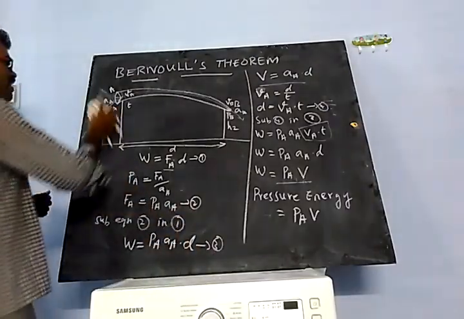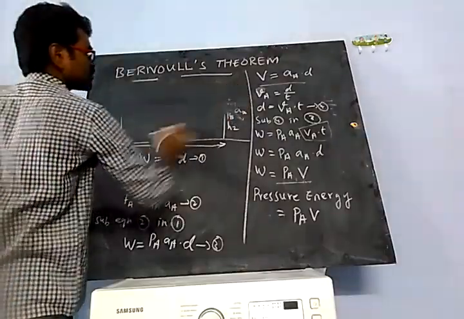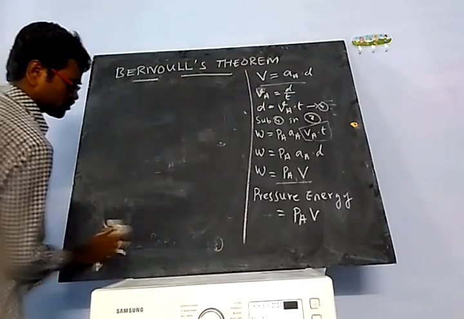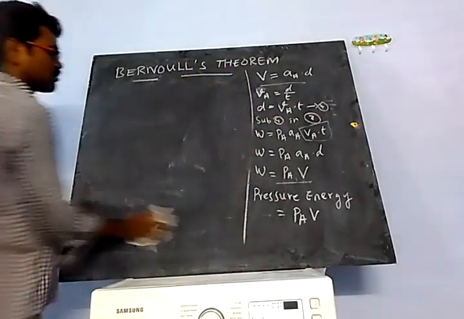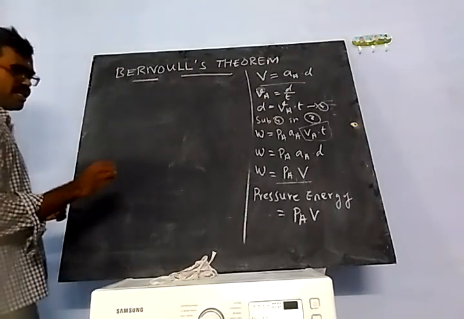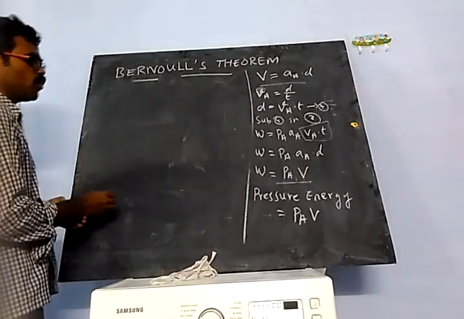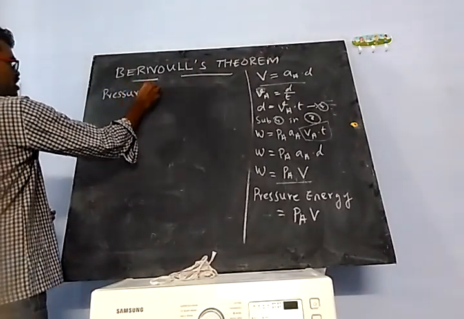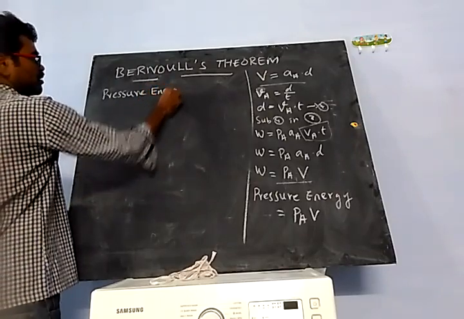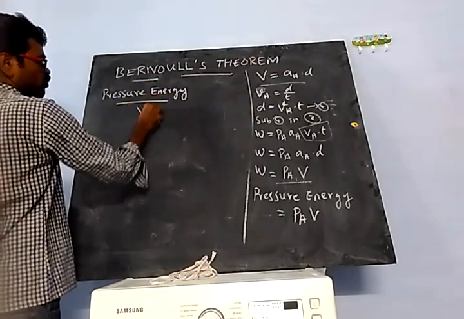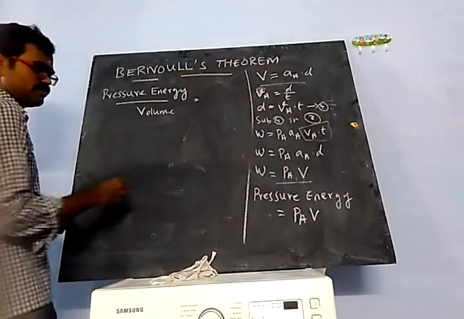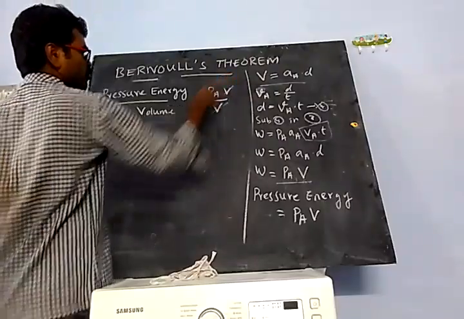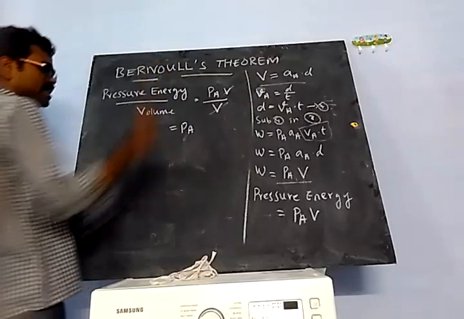Then next, pressure energy per unit volume is equal to pressure energy, P_A into V, divided by V. So volume cancels. That's equal to P_A.